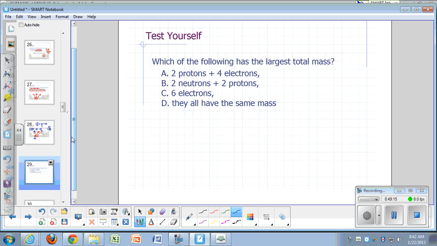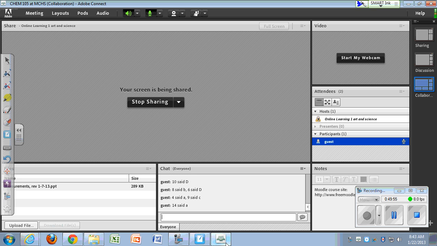A, 2 protons and 4 electrons; B, 2 neutrons and 2 protons; C, 6 electrons; or D, they all have the same mass. Okay, 13 picked B and 1 said C.